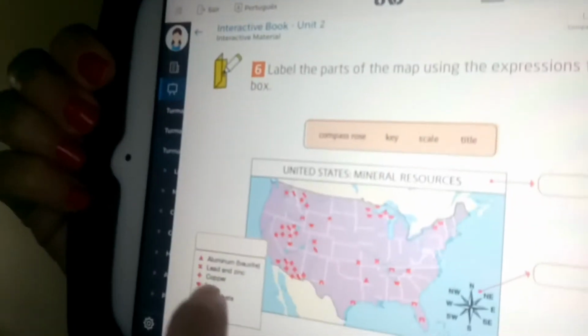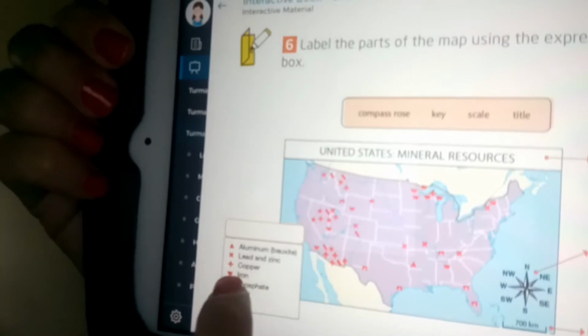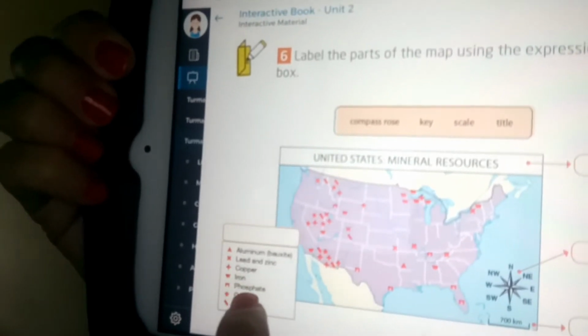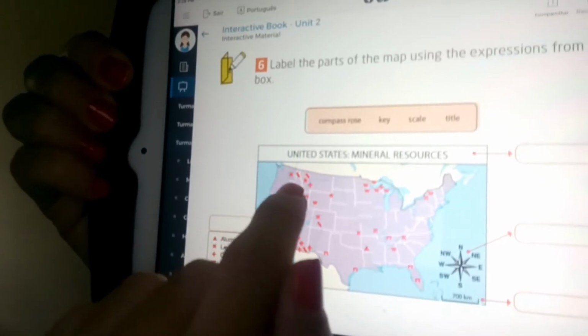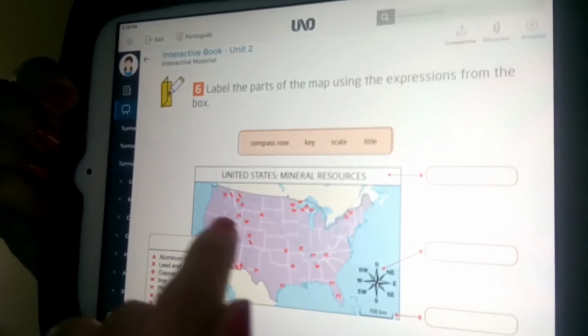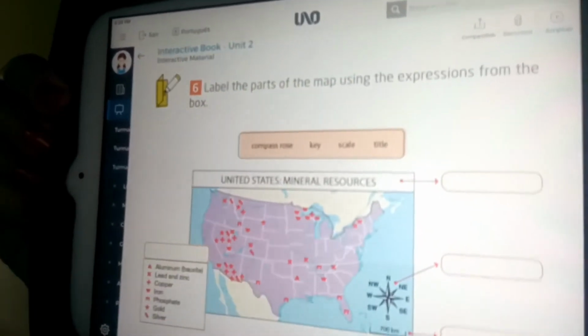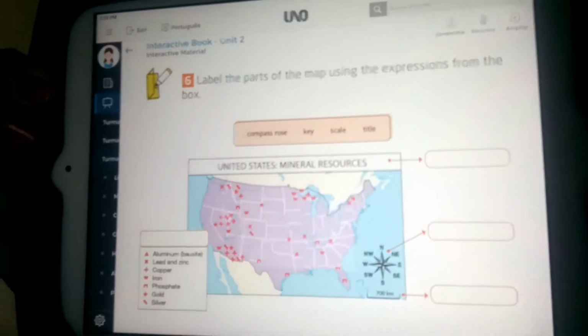So look, in the United States, they have aluminum, they have lead and zinc, they have copper, iron, phosphate, gold, and silver. And then it's showing what mineral they have in each place. So this is what this map is showing us.